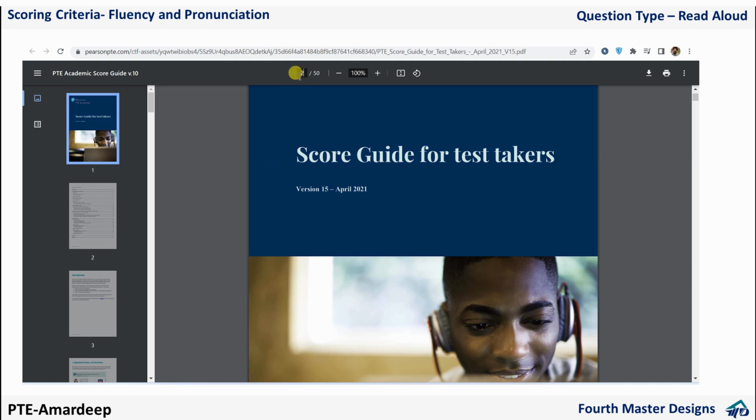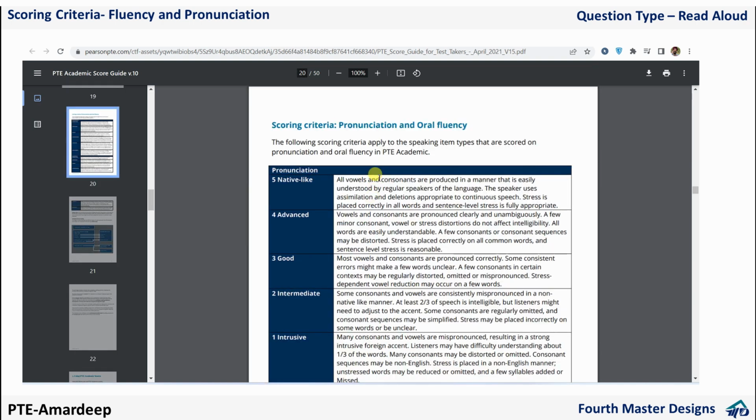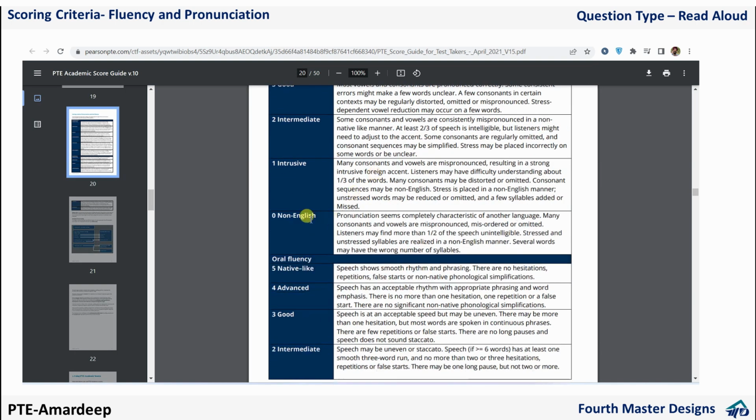So let's say I jump onto page 20, and first I'll discuss fluency. Now, what they're saying here for native-like: speech shows smooth rhythm and phrasing. There are no hesitations, no repetitions, or false starts, or non-native phonological simplifications. So there is no hesitation, no repetition. It means you are like a native speaker.